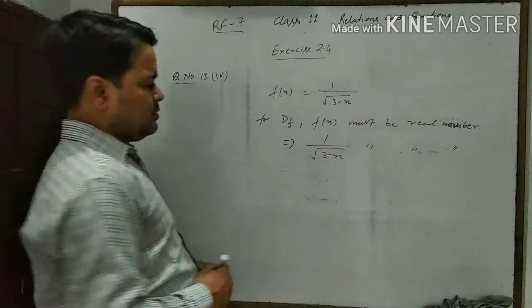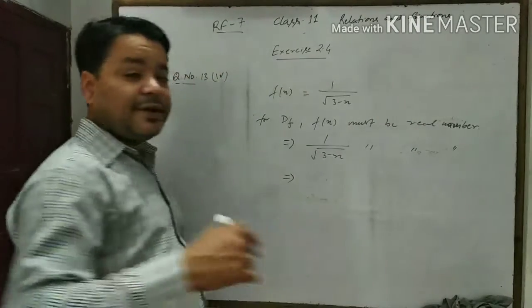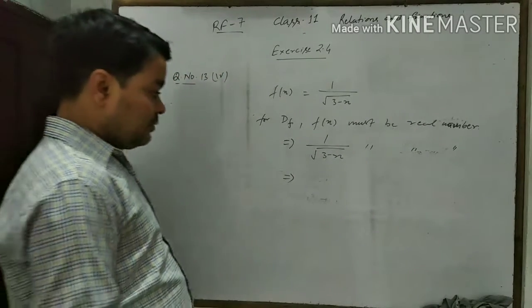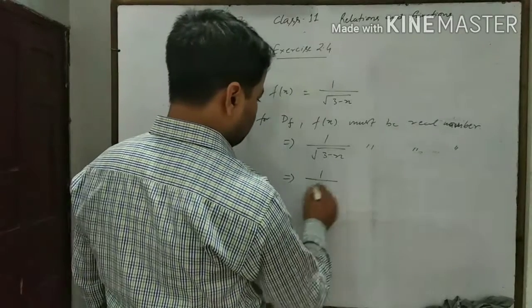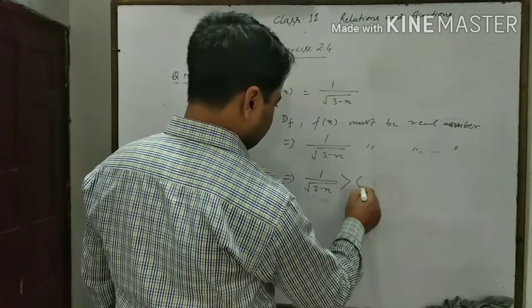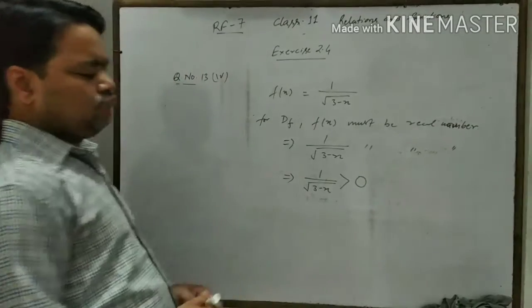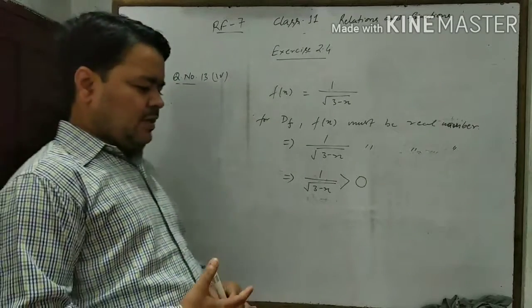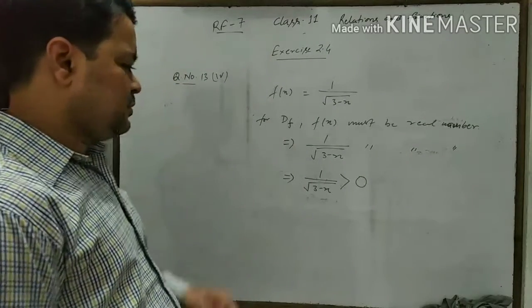And you know that it will be real if 1 upon under root 3 minus x is greater than 0.